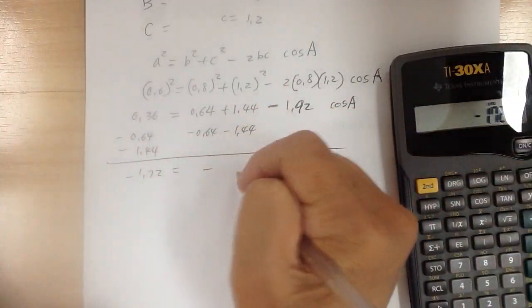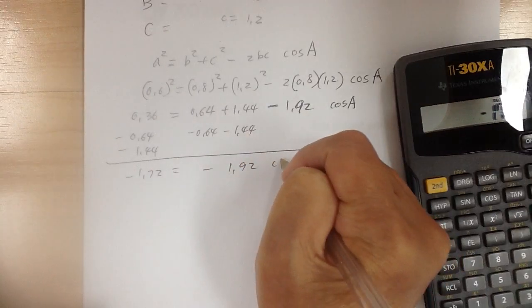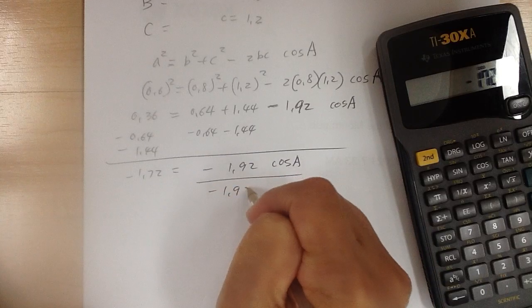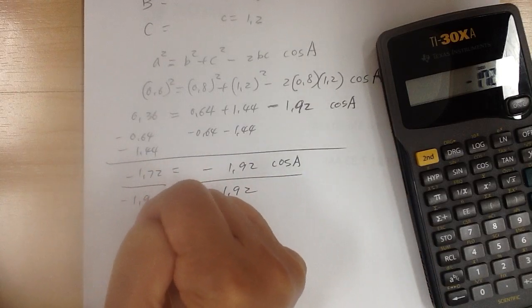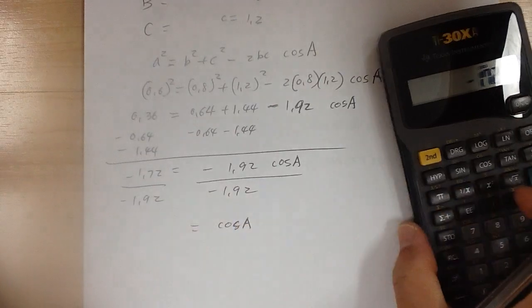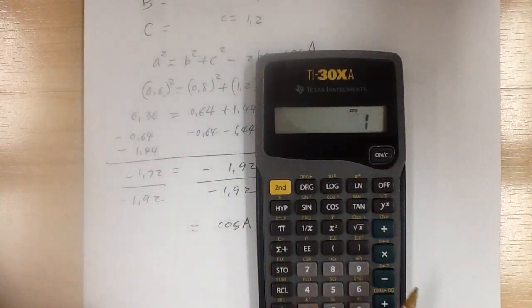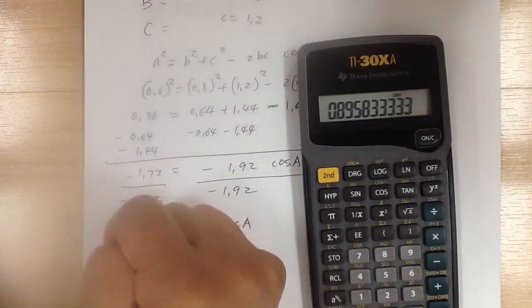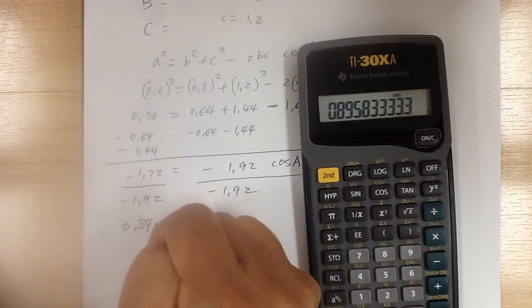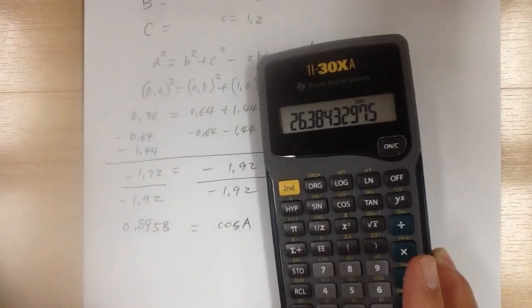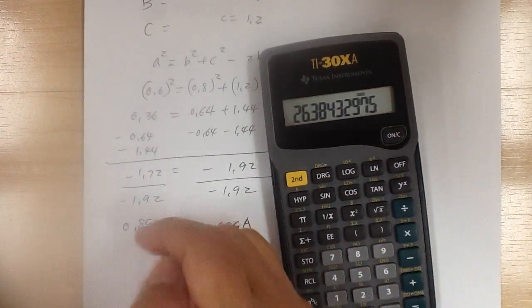equal to negative 1.92 cosine of A, divided by negative 1.92. So divide by negative 1.92, you get 0.8958, and you go second cosine, you get 26.4 degrees.